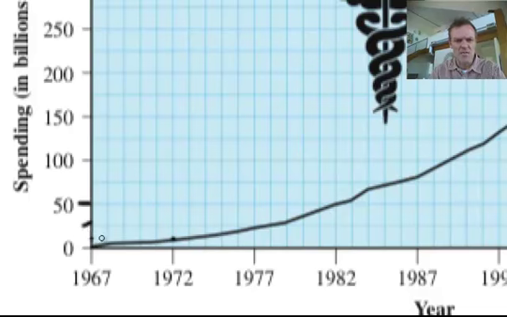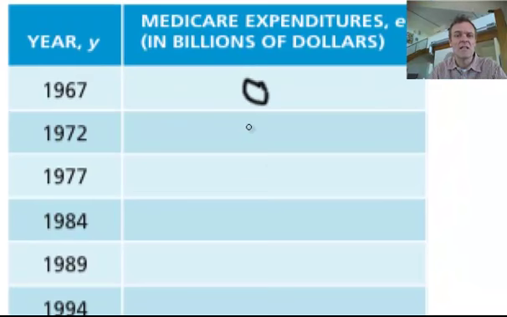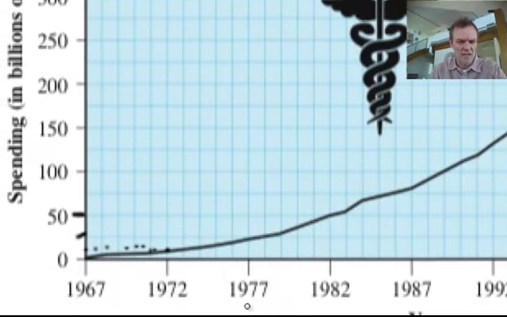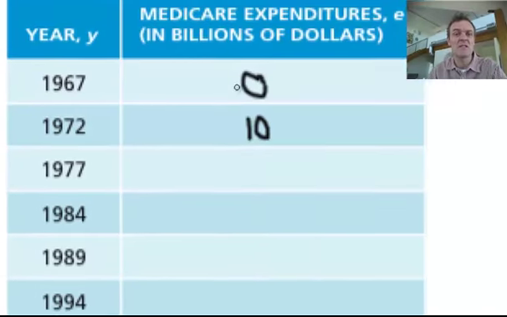So taking me over to here, I would say maybe about 10 billion. I can't be accurate, I'm not too sure. So I would write 10 billion for 72. Now how about 1977? It's increasing. It looks to me like it might be 25, let's call it halfway between 0 and 50, 25 billion.